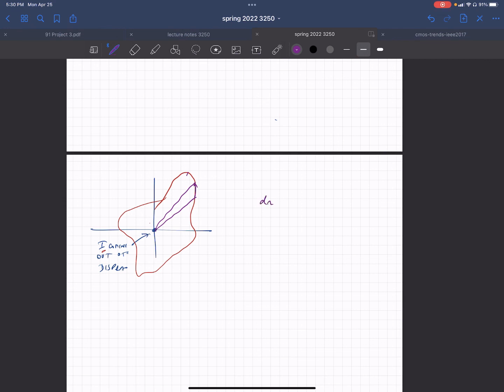So if you looked at any dr, if I zoomed in on it, you're going to end up with a dr, r d phi, and we do have the d phi.